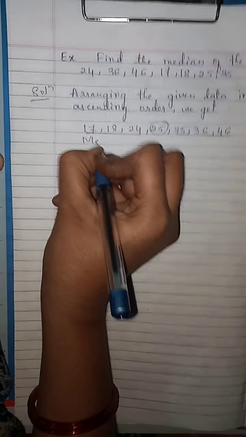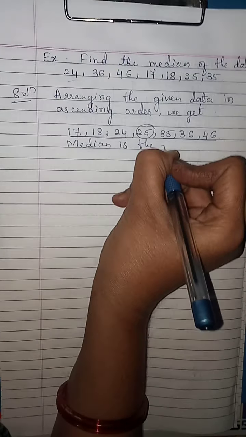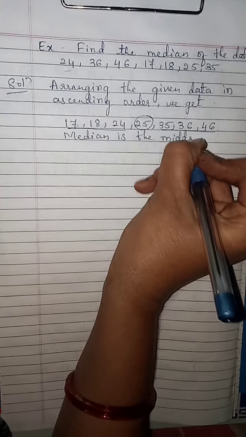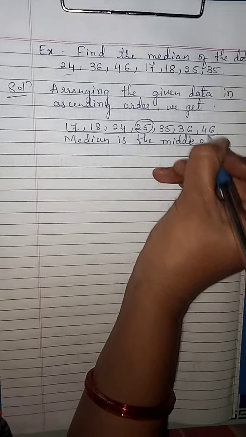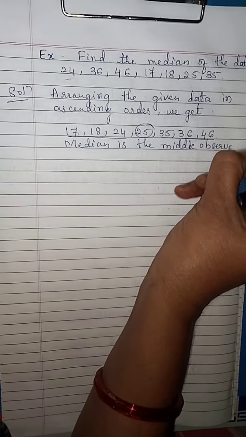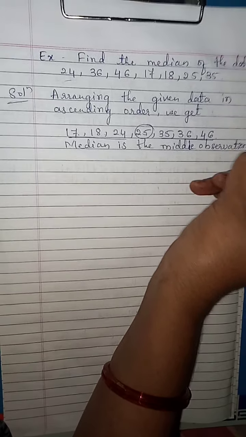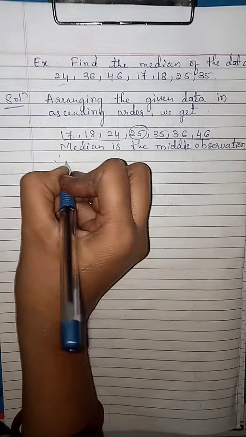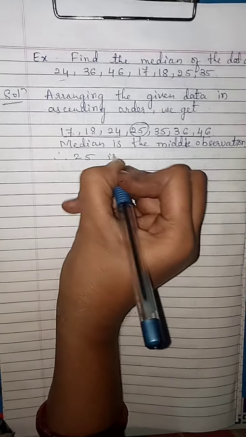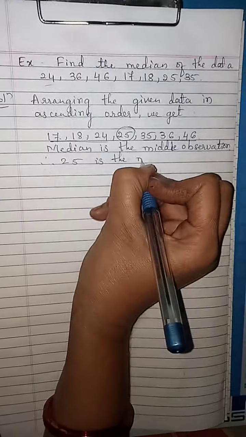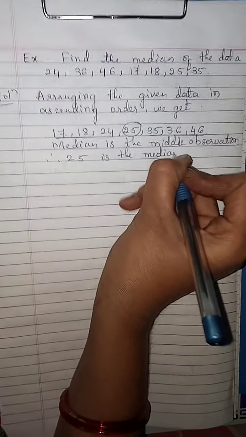Median is the middle observation. Therefore here 25 is the median.